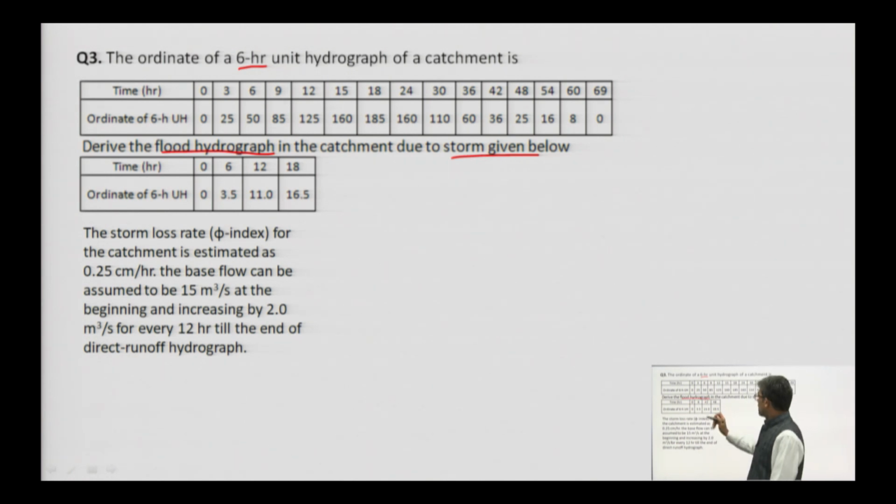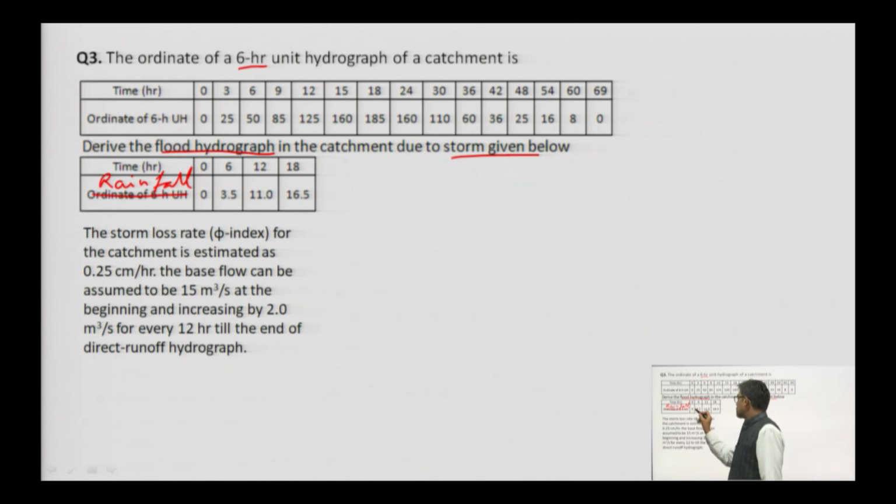The storm is of 18 hours duration. This is not the ordinate of the 6 hour unit hydrograph, this is the rainfall.